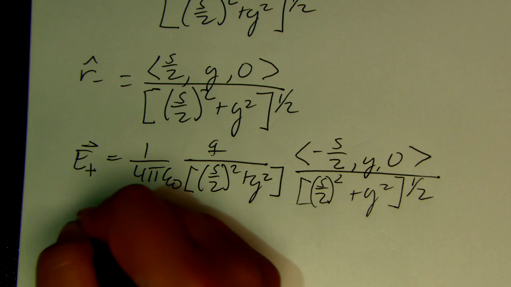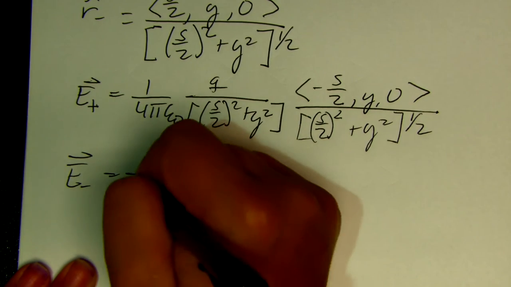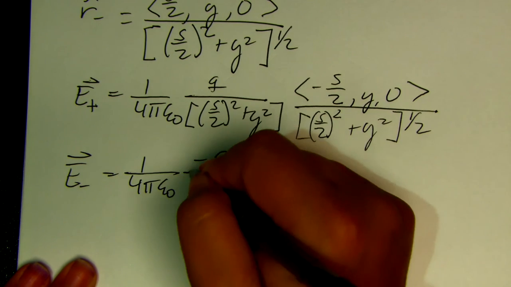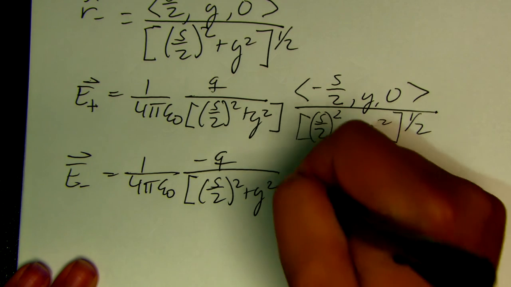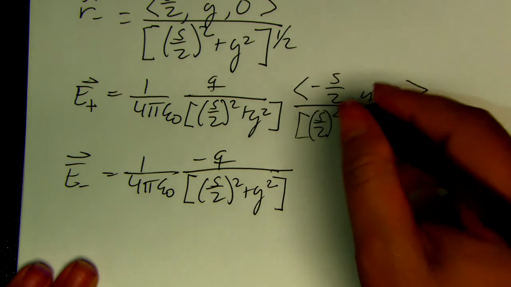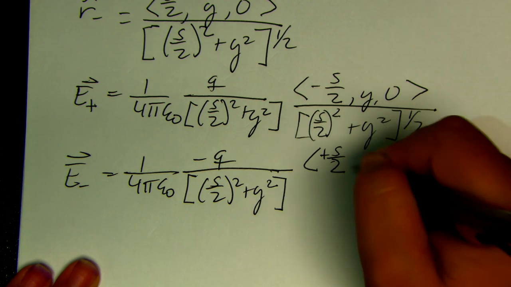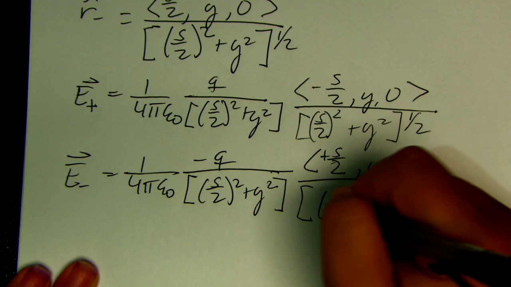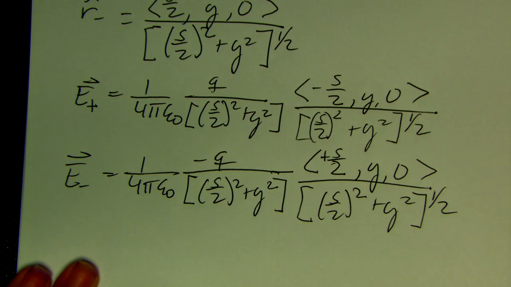And we can do the same for the electric field from the negative charge: 1 over 4 pi epsilon naught, minus q over S over 2 squared plus y squared, times plus S over 2, y, 0 divided by S over 2 squared plus y squared taken to the power of 1/2.